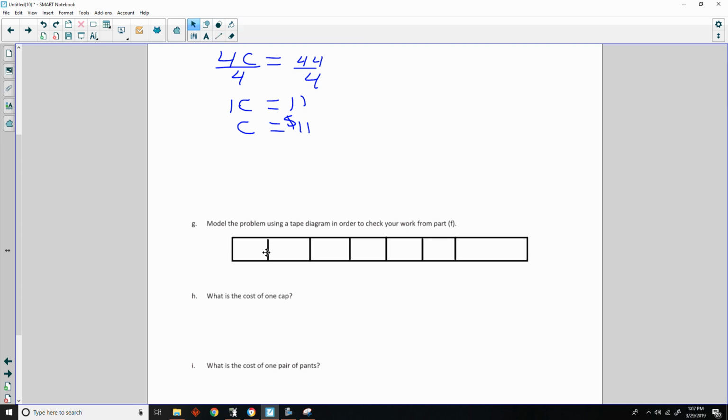And we probably do want to have them somewhat evenly separated. Try to make them equal.